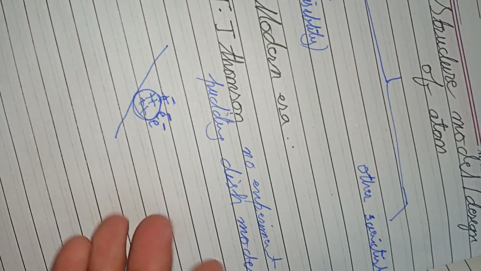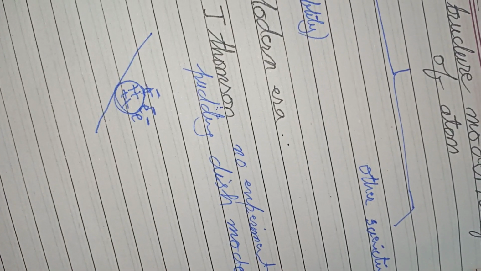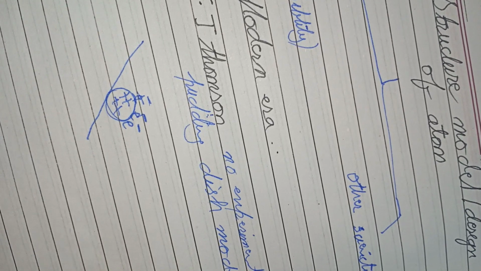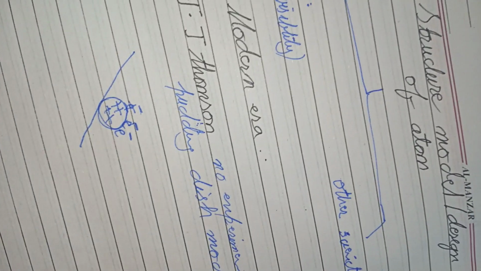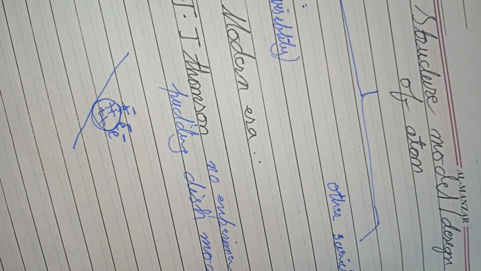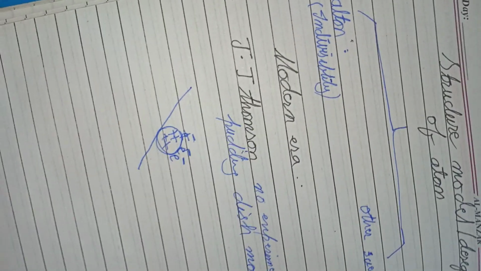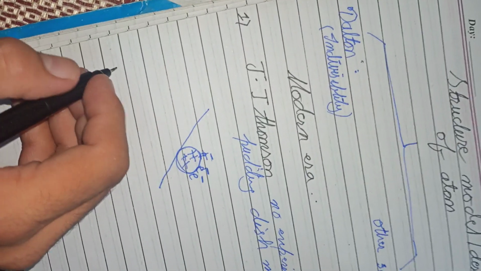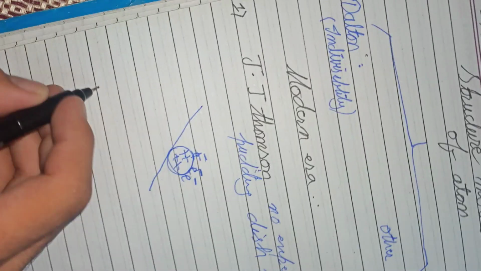Let's take an example: we are eating chocolate. The chocolate is like the proton, and flies sitting on the chocolate are the electrons. They are attracted towards the positive and attached. But this theory was completely wrong, because he did not prove it.